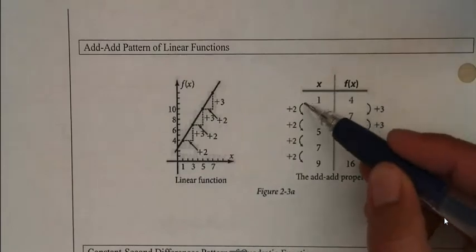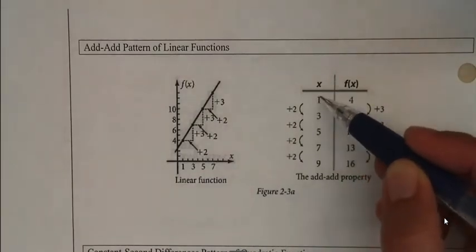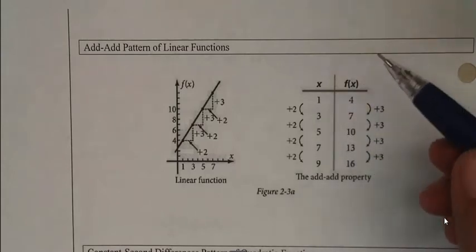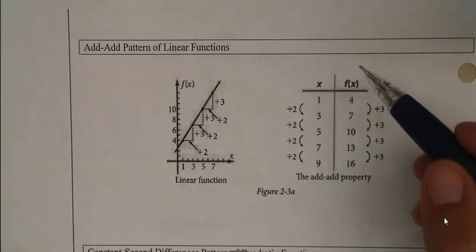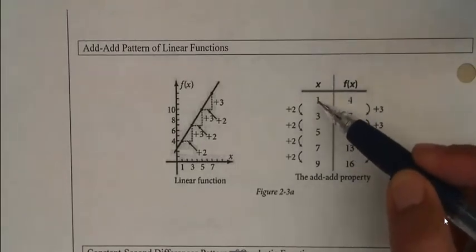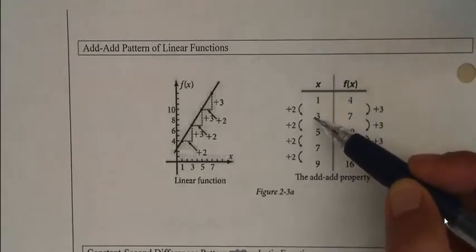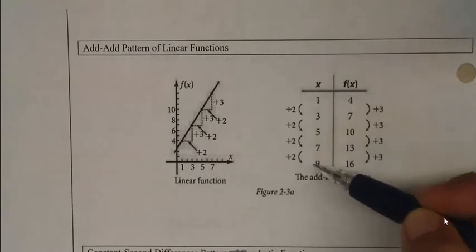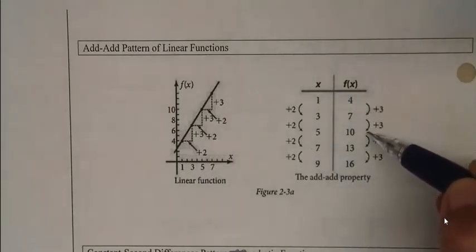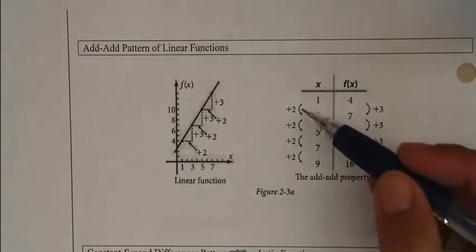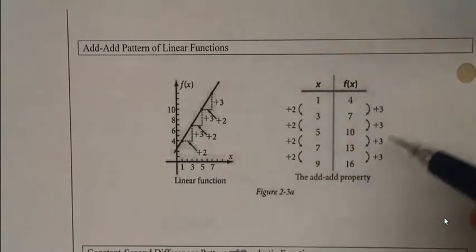If I add some constant, and this goes from x1 to x2 to x3, which is usually how you'll come about it, I see that the x is increasing by 2 each time, and my outputs are increasing by 3 each time. So I'm adding 2 on this side, adding 3 on that side.